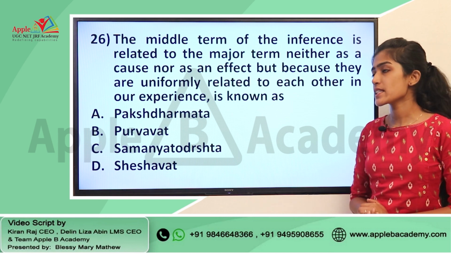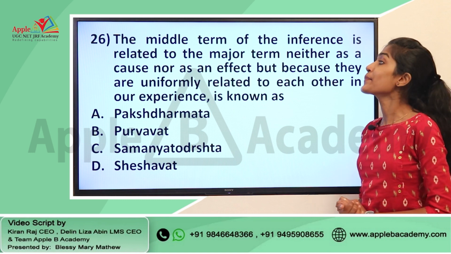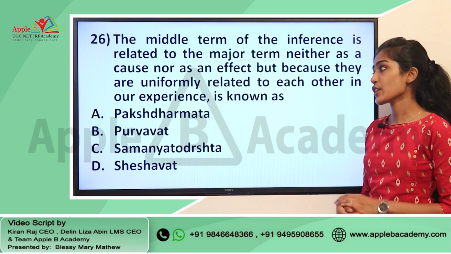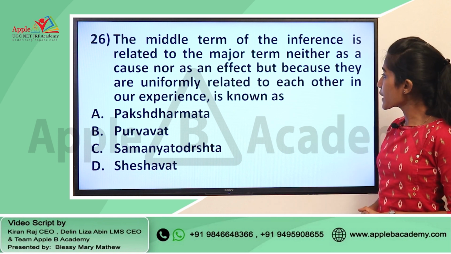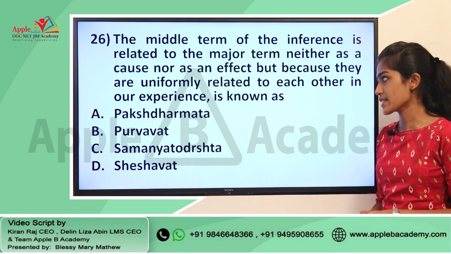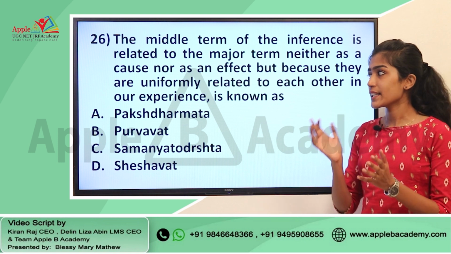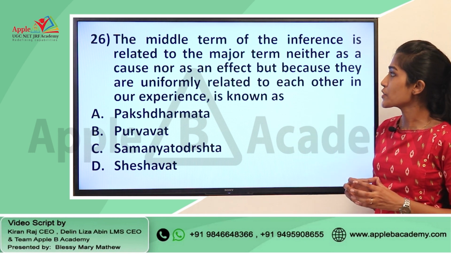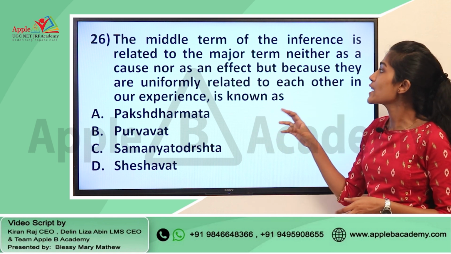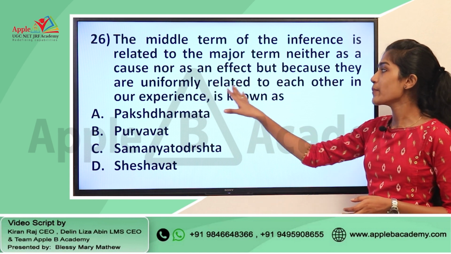So, this question is from the module logical reasoning and particularly from inter logic. The middle term of the inference is related to the major term neither as a cause nor as an effect, but because they are uniformly related to each other in our experience, is known as, and we have various options as well. We have to identify the type of inference in which the middle term is related to the major term because they are uniformly related to each other.